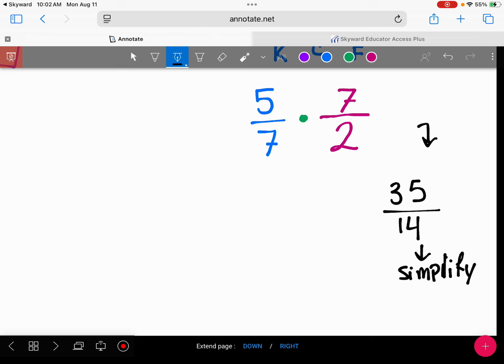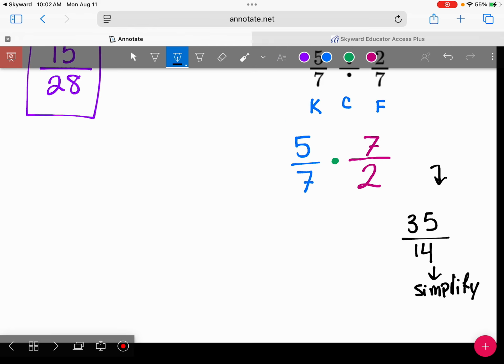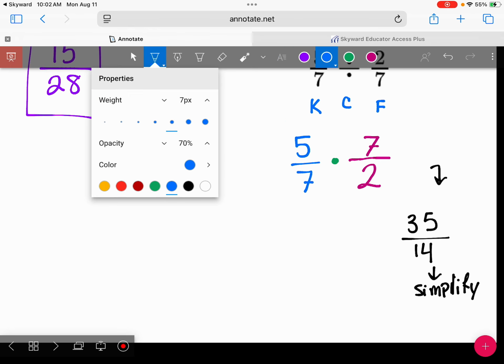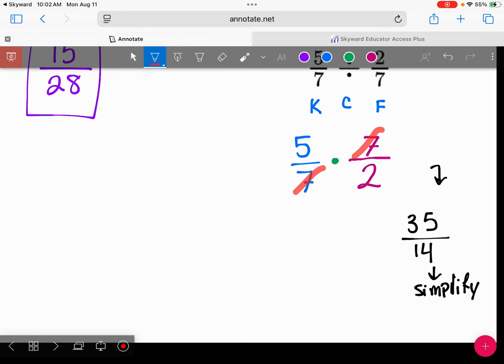Does anyone spot what we could simplify in the multiplication step? We can cancel out the 7s. So because I have a 7 on the top and I have a 7 on the bottom, I can cancel those guys out. So a lot of the times we are not going to fully multiply things together before we come through to cancel. It's going to leave us with just our 5 times 1, because 7 over 7 is 1.